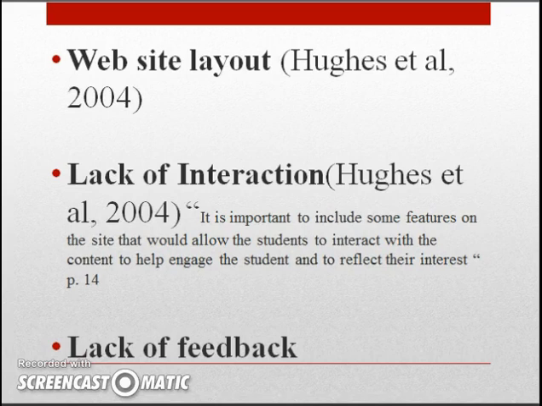He mentions that it is important to include some features on the site that would allow students to interact with the content, to help engage the student and to reflect their interest in games, quizzes, and fun while online. Also, the website is not able to provide feedback on learners' performance apart from the one that can be obtained from peers, so learners are not able to measure their accuracy in the use of the language forms.